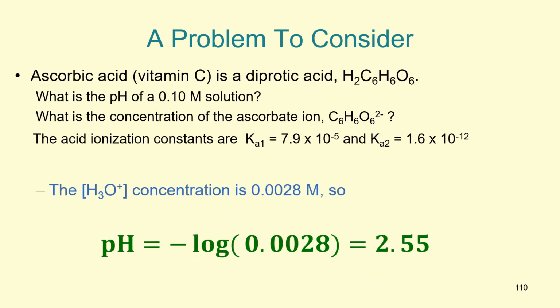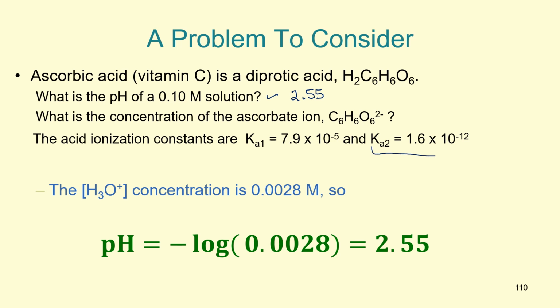Yep, so pH is 2.55 if you take the negative log of 0.0028. All right, so that answers that question, and actually what we'll do is compare it after we do the second equilibrium and just prove to ourselves that the change in pH is negligible after the second equilibrium.